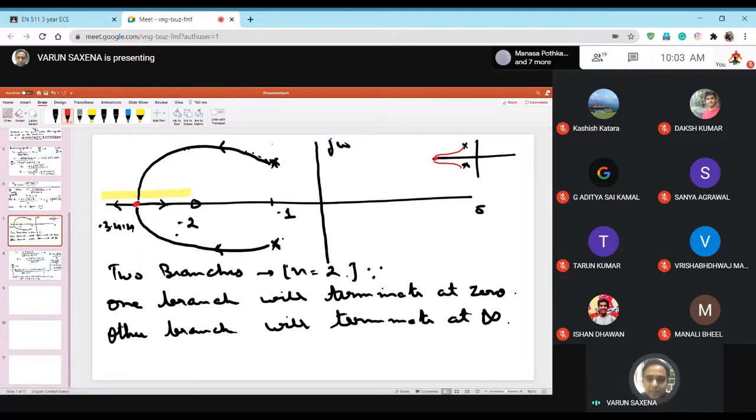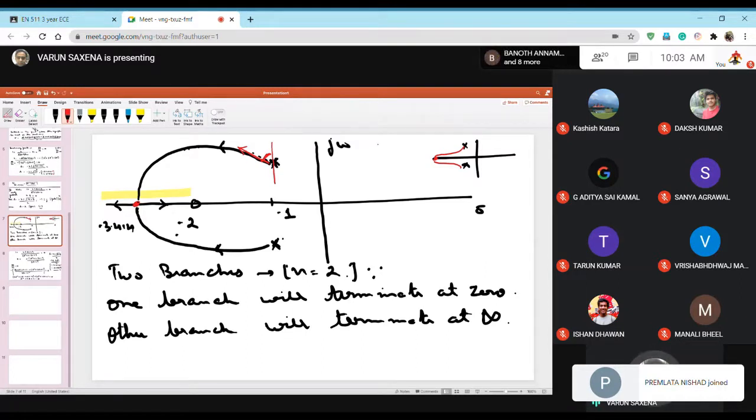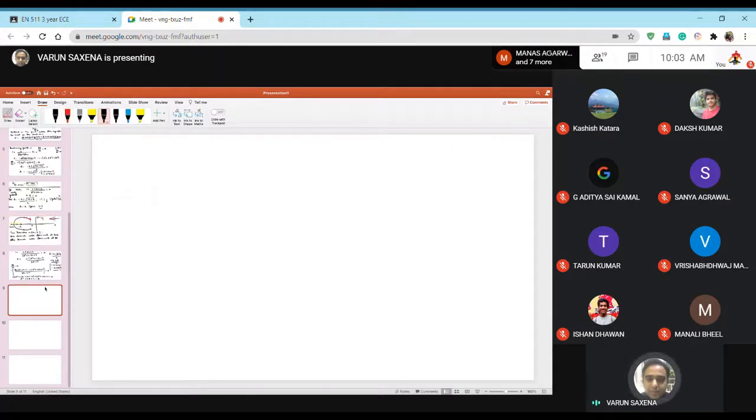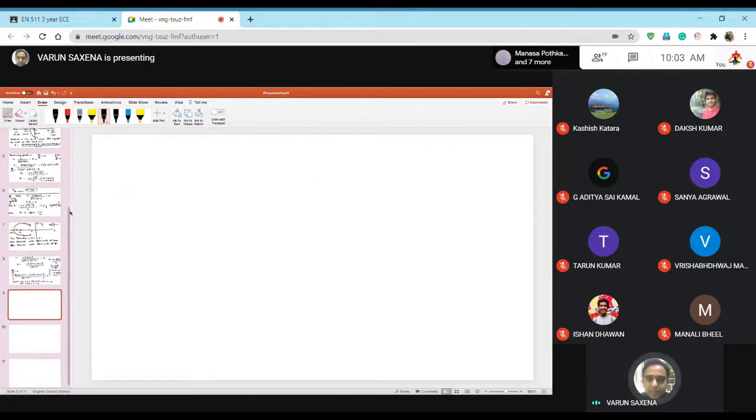Why is it that the graph is at this angle and not at any other angle? That is the question. I am drawing a graph which goes at a certain angle with respect to the imaginary axis, right? So now we are going to look into what this angle is and how we evaluate it.